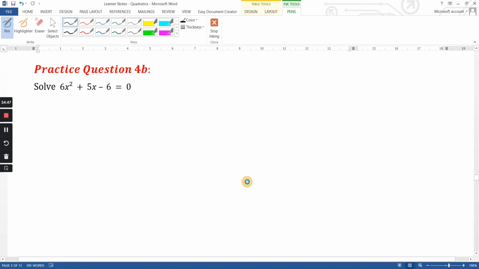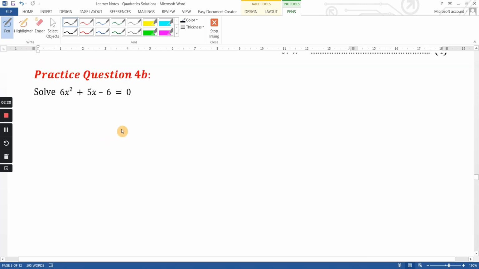Let's move on. Next one, practice question 4b. Right, so do you know what? This looks a bit tricky, so I'm going to use the AC method for this one. So let's use that here. So let's multiply 6 with a minus 6. And now I need a positive 5.